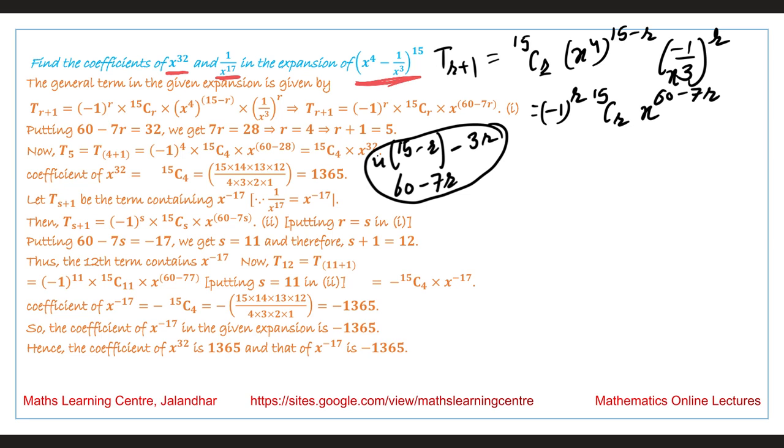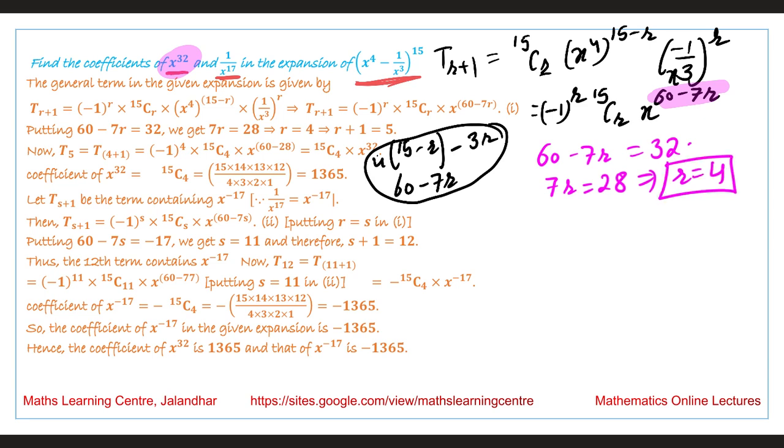Now when we have to find the coefficient of x raised to the power 32, it means the value of this term 60 minus 7r should be equal to 32. So from this calculation we obtain that 7r is equal to 28, and this implies r is equal to 4. Now if we substitute r is equal to 4 in this equation, we will obtain the answer is 15C4.